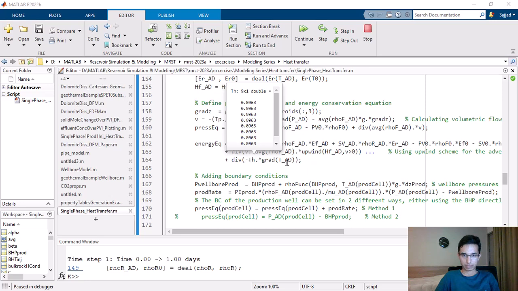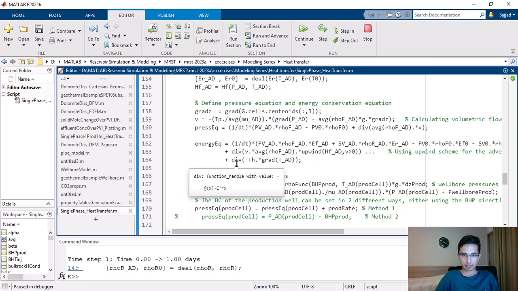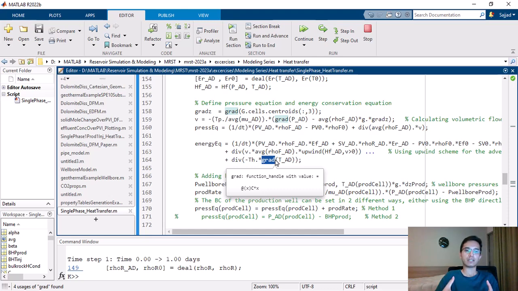As I said before, this is the conduction term. What we have inside this divergence operator is the multiplication of the heat transmissibility and the temperature difference. So this gradient operator does not give us the gradient of temperature, but it gives us the temperature difference between the neighboring grid cells.